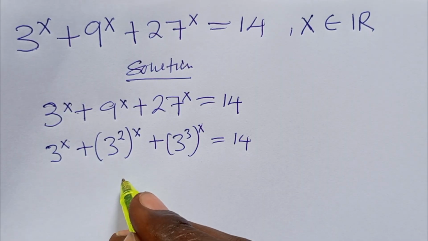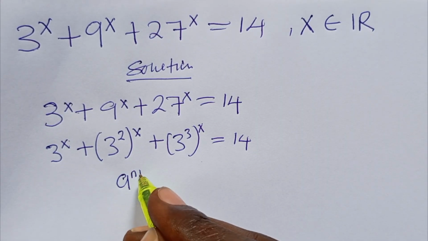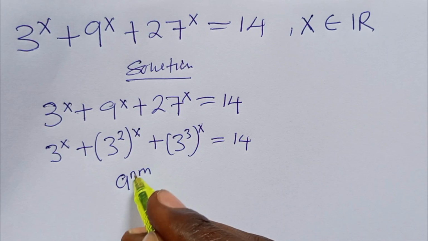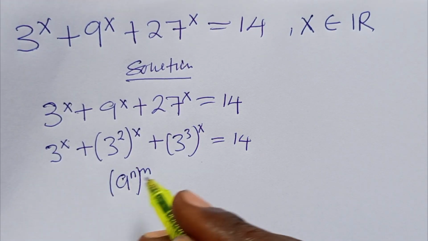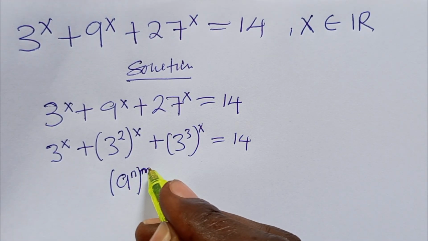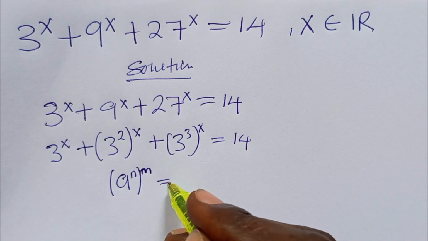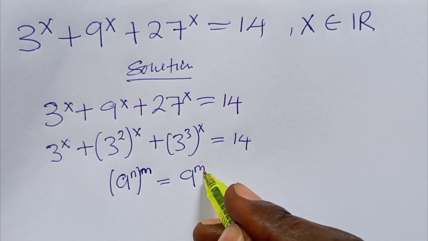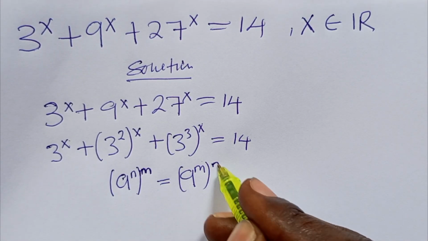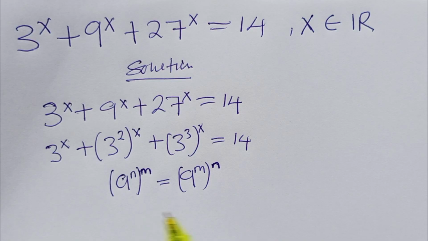And recall, if we have e to the power of nm, it can be written as e to the power of m, n. So you can write it this way, because this is commutative.